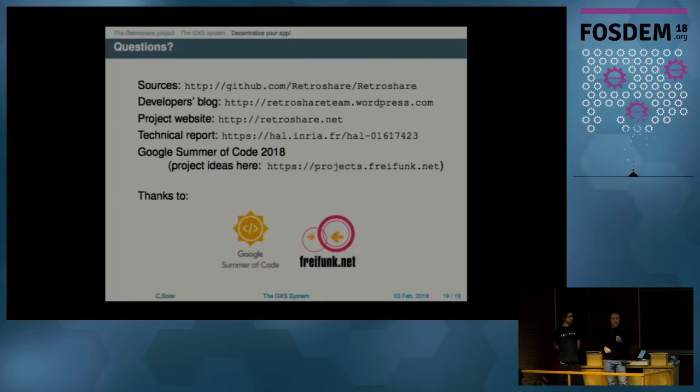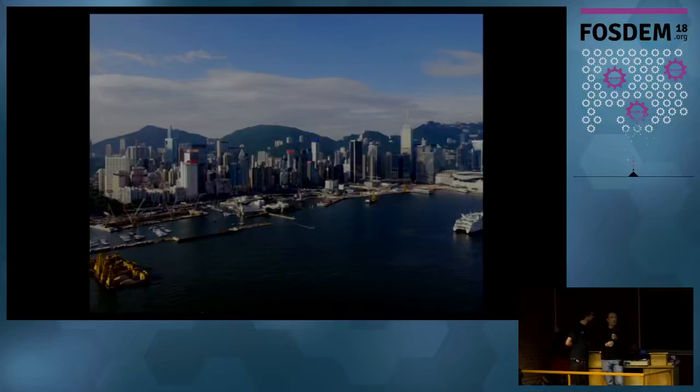Yes, but then you would need to connect somehow to the ClearNet, right? We don't do that. There were some experiments where someone implemented some kind of gateway to forward real email into the Retroshare email system. So that is possible as well, but it's really a prototype. It's not in the main application.